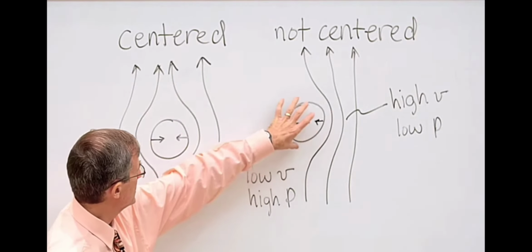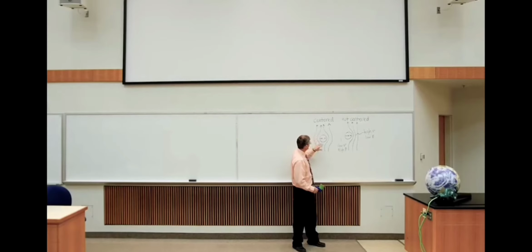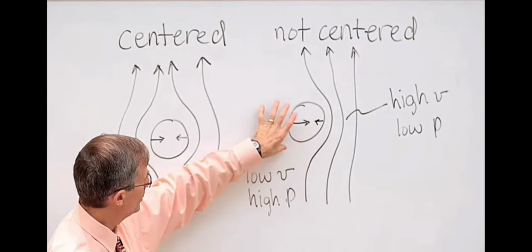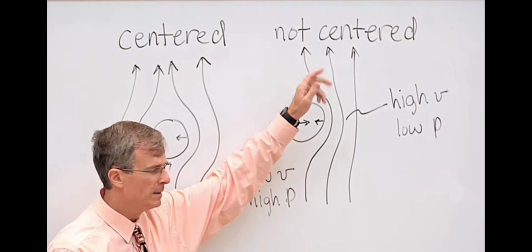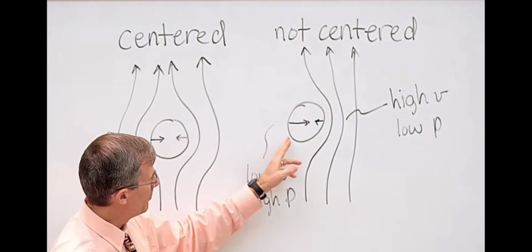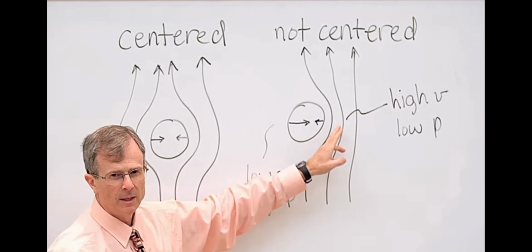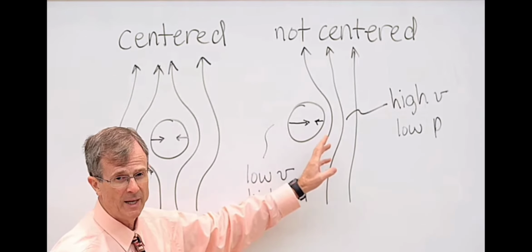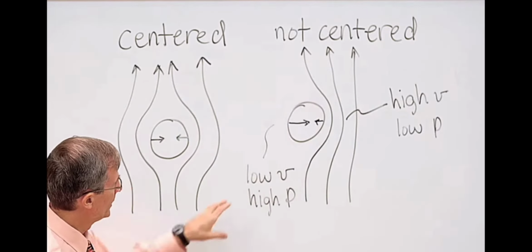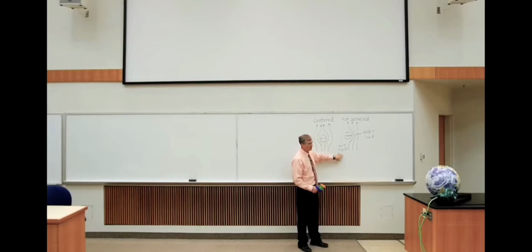So let's say it moves to the left, and this shows the uncentered situation with the ball to the left and the stream of air going past it on the right. Well, why does that ball want to move back into that rushing air? You'd think that it wouldn't want to move back into the air and it would just fall off to the side. But what happens is that Bernoulli's principle comes into play.